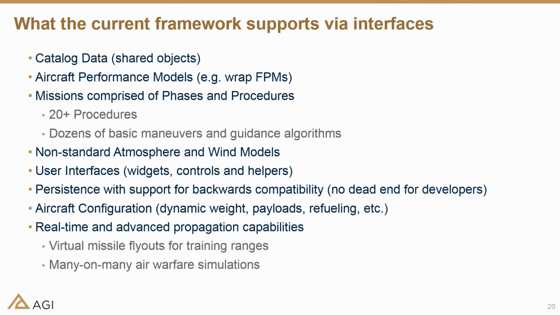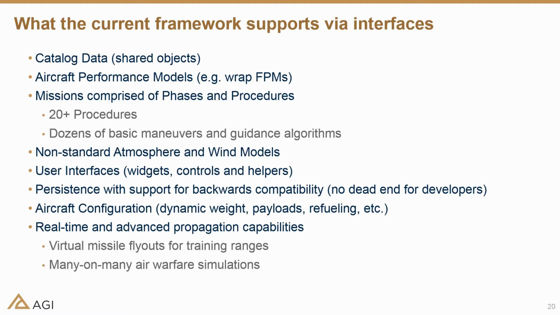So within the framework and within the API, we have a bunch of stuff. It's a technical term. But let's just start at the top here. We've got catalog data, and if you're familiar with the Aviator catalog, typically we keep things like pre-configured objects in there, and a lot of times that's aircraft and performance models.